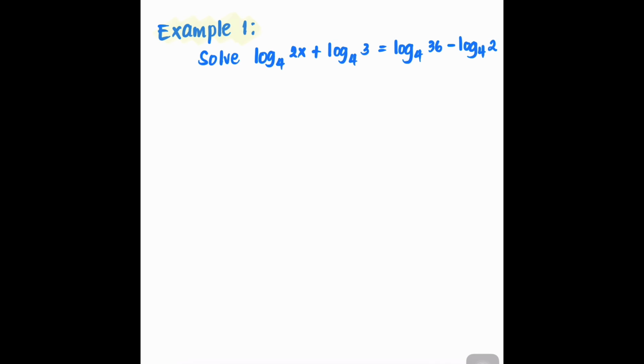For this given example, you notice that we have the same base of 4. And looking at the left-hand side and the right-hand side of the equation, since they have the same base of 4, definitely we can apply here the product rule.